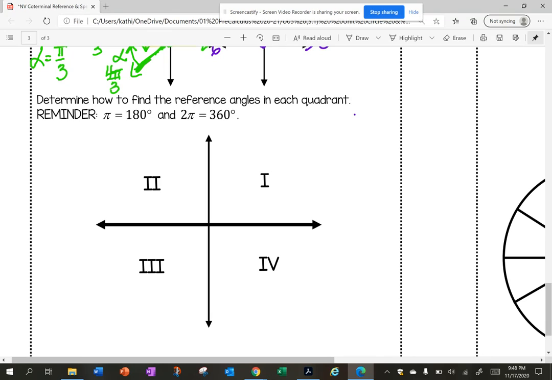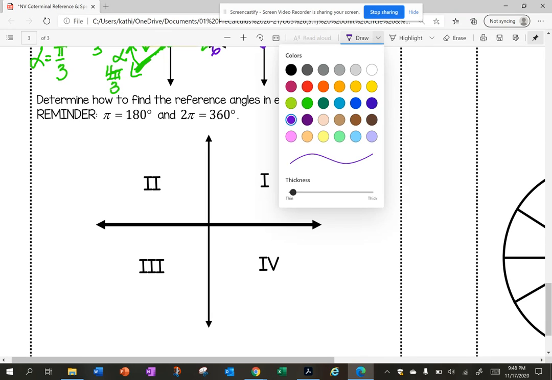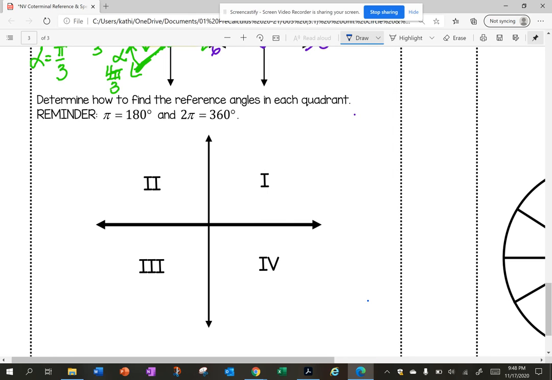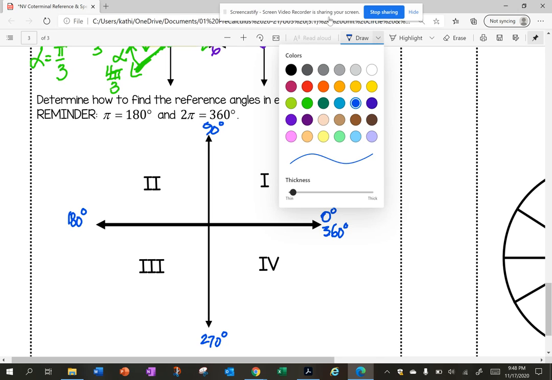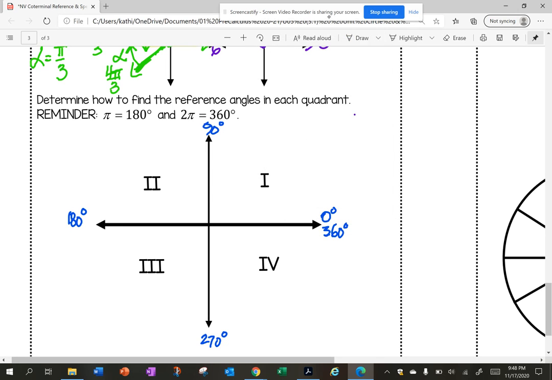I know that here I'm at 0, 90, 180, 270, and 360 degrees. When I'm talking about radians, these are 0.